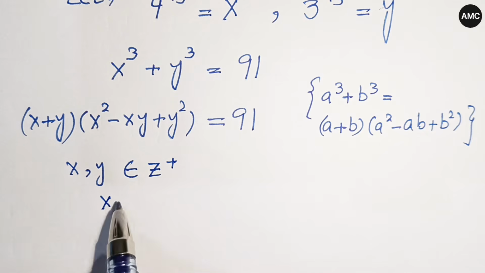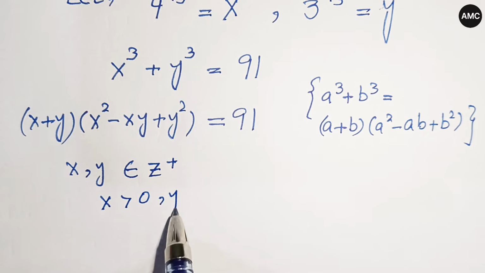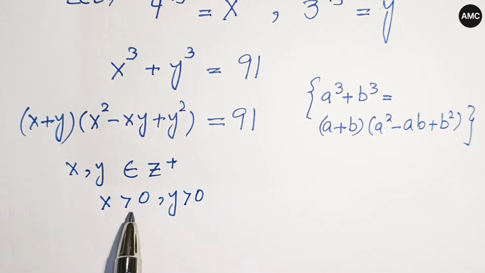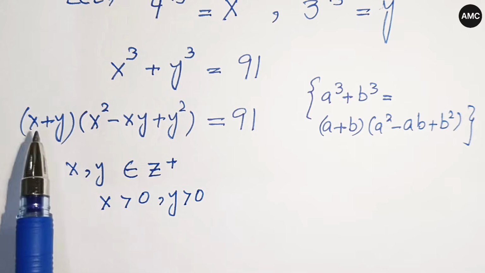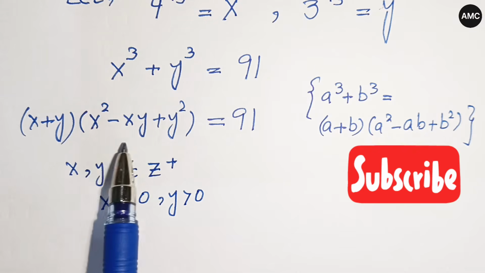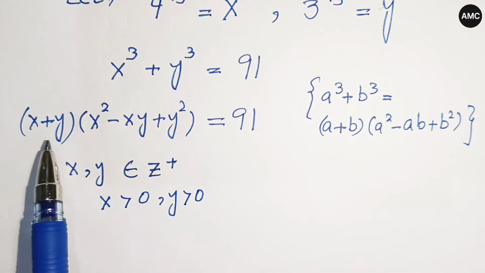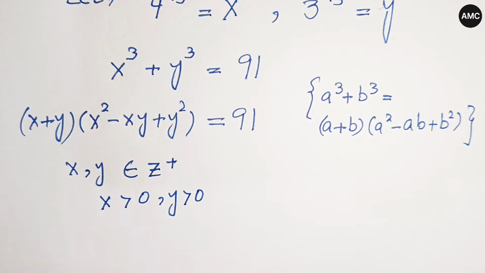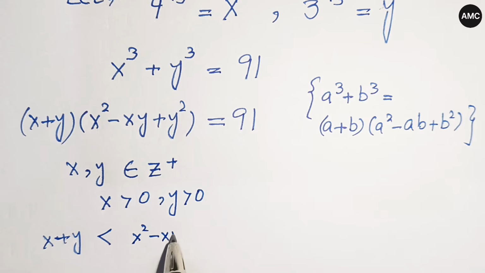It means that x is greater than 0 and y is greater than 0. Then we see that the term x squared minus xy plus y squared is greater than the first factor. So we have x plus y less than x squared minus xy plus y squared.